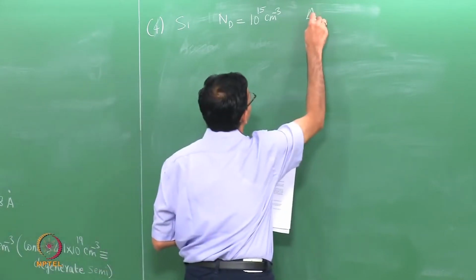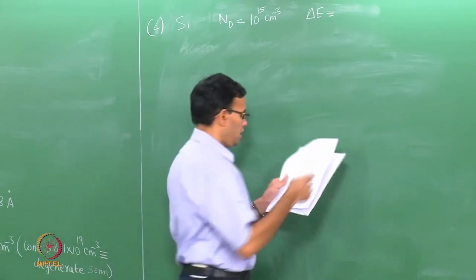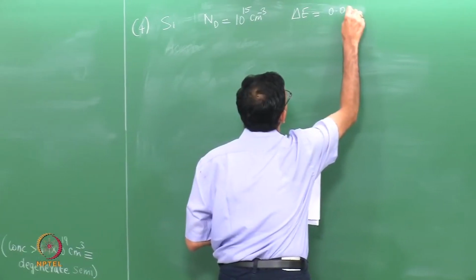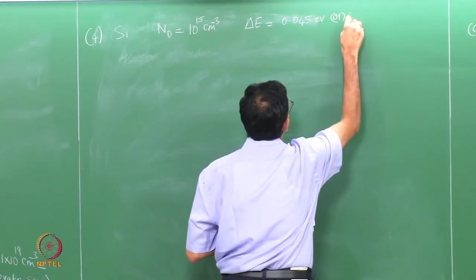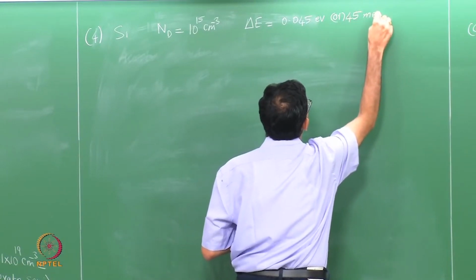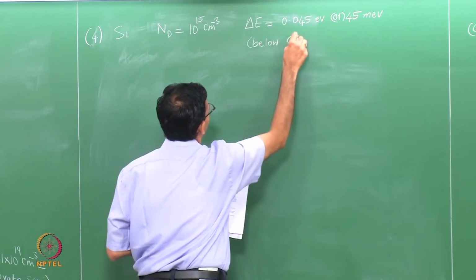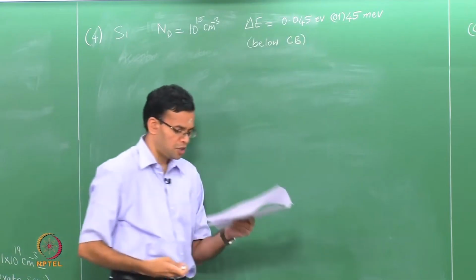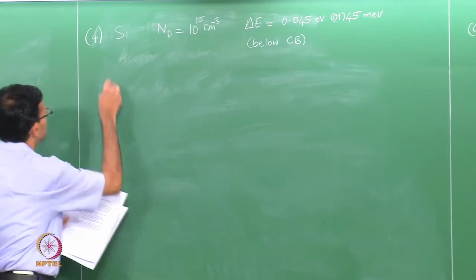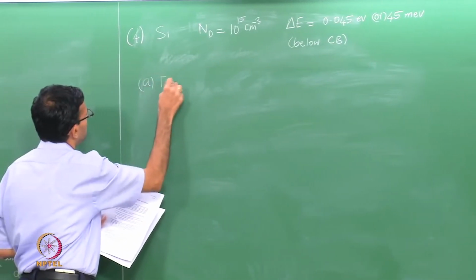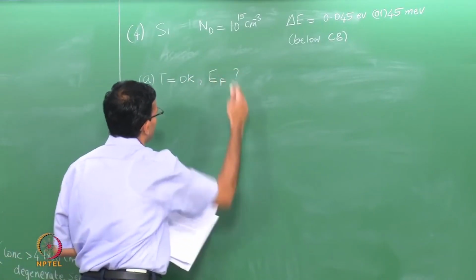So, delta E, which is your donor ionization energy, is 0.045 eV or 45 milli eV, and this is below the conduction band. So, Cb is your conduction band. So, where is the Fermi level located? At 0 Kelvin. So, T equal to 0 Kelvin, we want to know the position of the Fermi level.